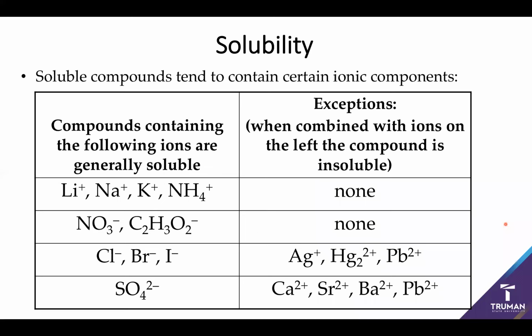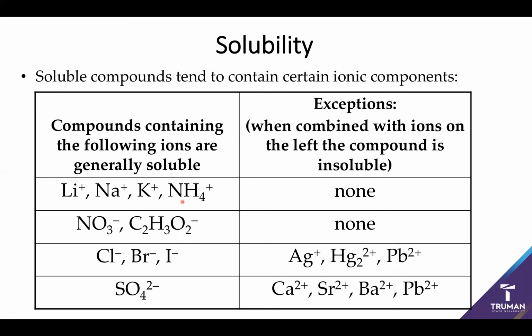So in general, if we're looking at soluble compounds, we tend to have several key things we're looking for. Some of the most readily soluble ions are going to be small cations: lithium, sodium, and potassium. If you ever see these, they're always soluble. You also tend to have other molecular species like ammonia that doesn't really sit in a lattice very nicely, so it also tends to always dissolve.